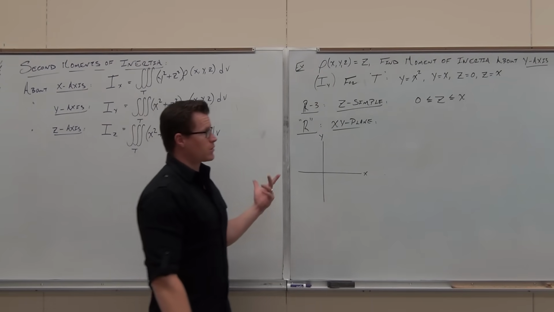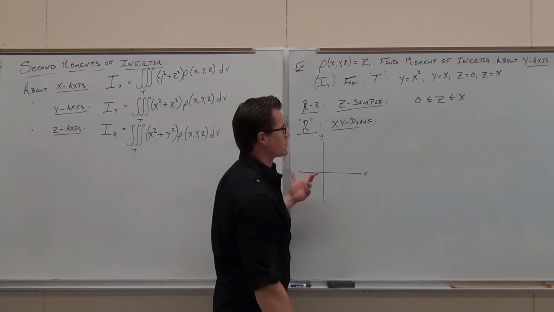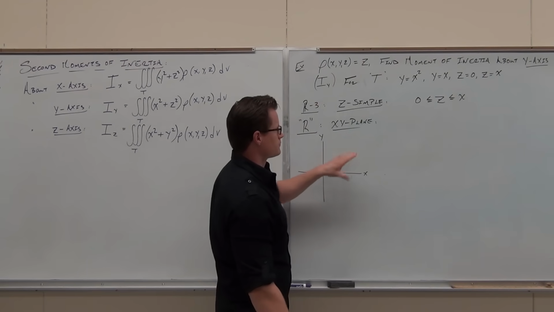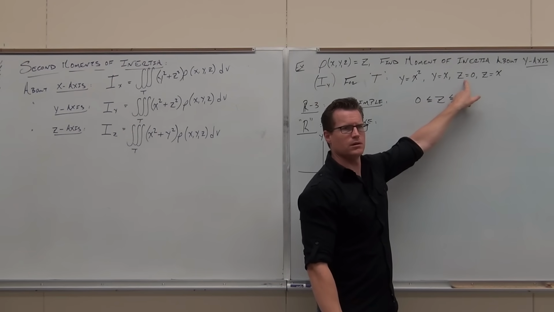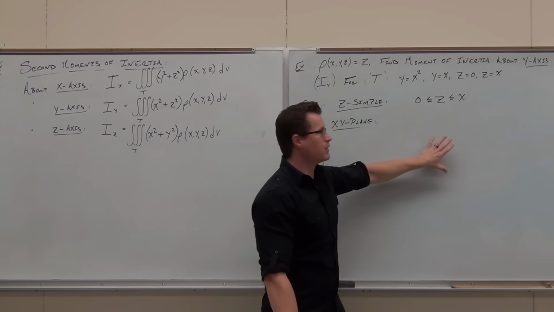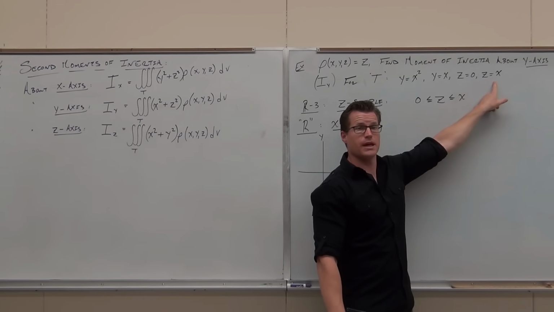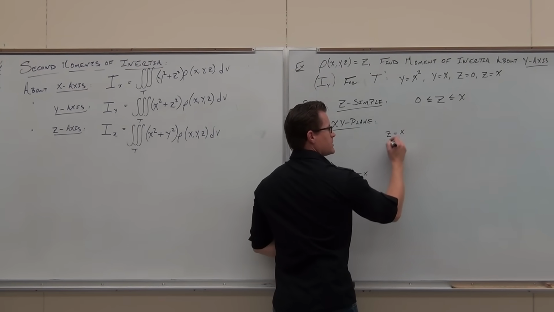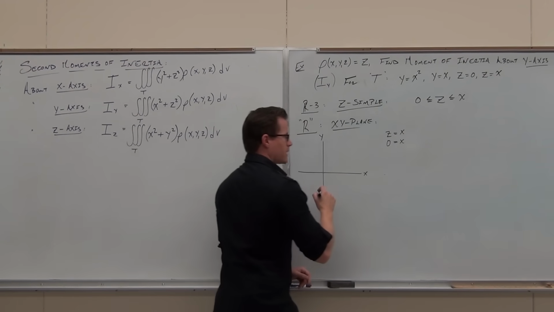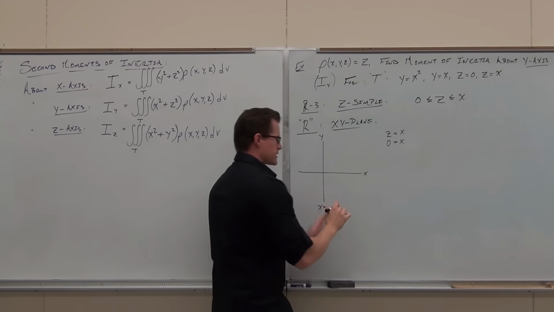We should draw this every single time. If we draw that, we go, okay, well, sure. Is that relevant? No, that's telling us that we're on the xy plane. Is this relevant? Yes, because on the xy plane, z equals x becomes 0 equals x. So that's x equals 0. That's giving us the y-axis.